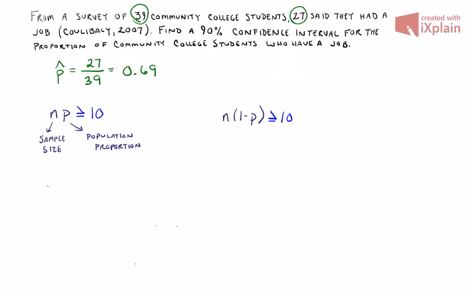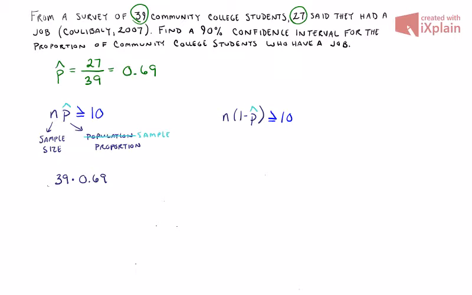So we have to make an edit and say, well, since I don't have that, I'm going to use the next best thing, and I'm going to use p hat. So now I'm no longer going to work with the population proportion, but I will work with the sample proportion. So when we set all of this up, we have 39 times p hat, which we know is 0.69.